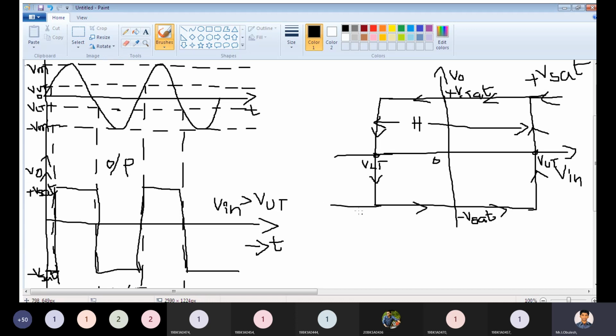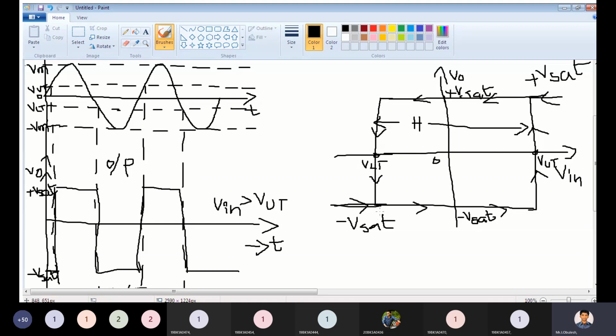This is the minus V sat, so from positive V saturation it moves like this up to negative V sat.